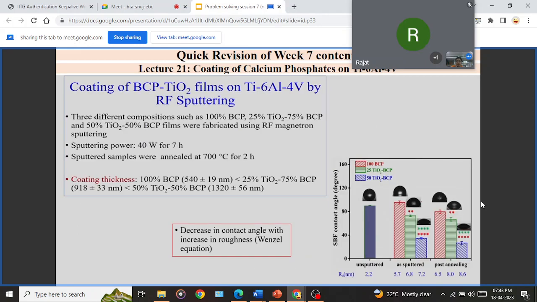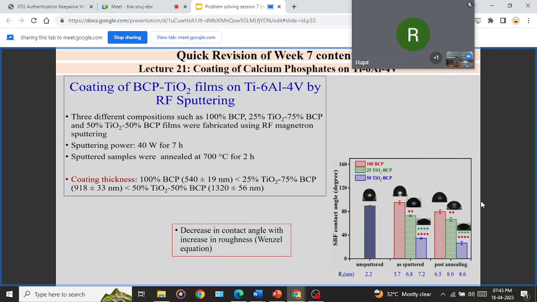So the coating of these BCP TiO2 films on titania by RF sputtering can also be done. BCP titanium oxide with three different compositions, such as 100% BCP, then 25% titanium oxide and 75% BCP, or 50% titanium oxide and 50% BCP, can be fabricated using RF magnetron sputtering.